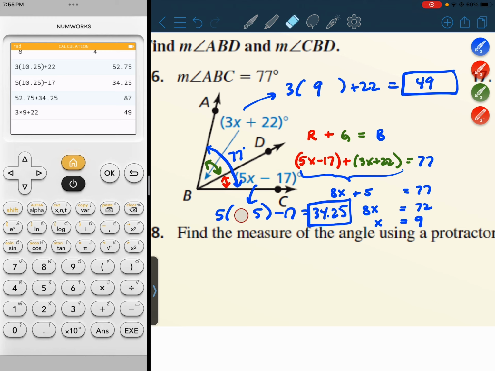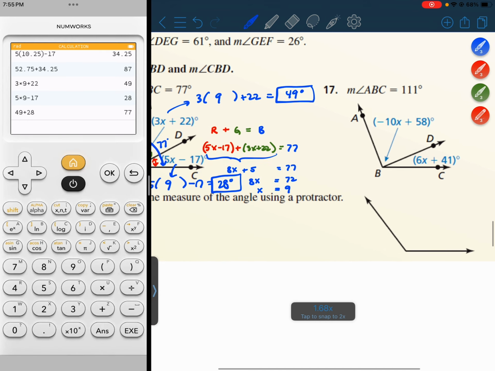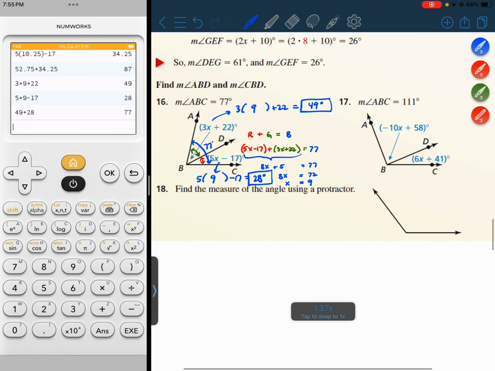And that should be a 9 here too. 5 times 9 minus 17 is 28. That's 28 degrees and 49 degrees. Now let's check: 49 plus 28 is in fact 77. So we made a mistake, but we caught it because we went back and checked our work.